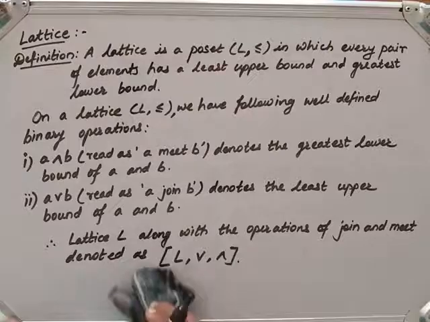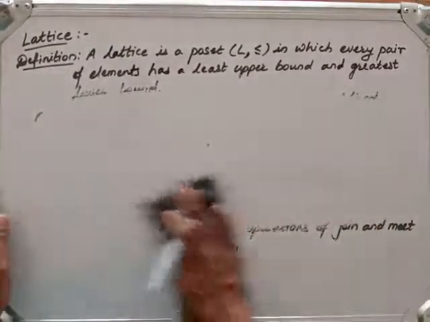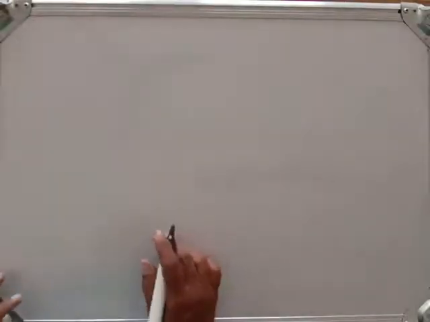Now let us see one example here. Every pair should have a least upper bound and greatest lower bound, and A meet B is the greatest lower bound while A join B is the least upper bound.